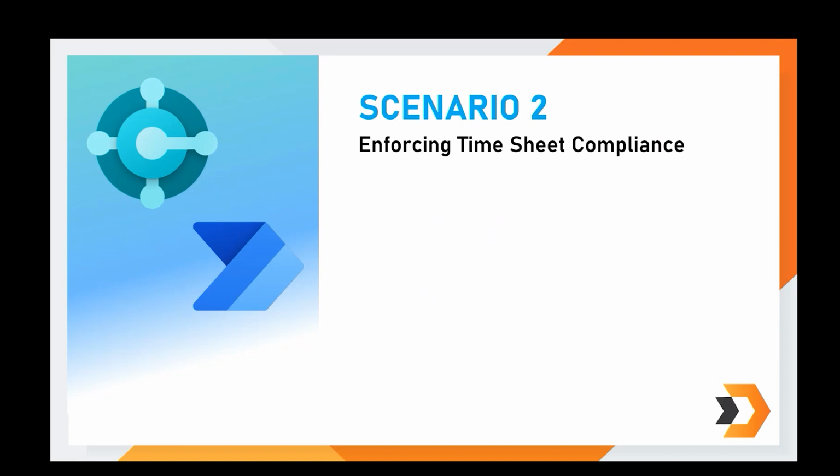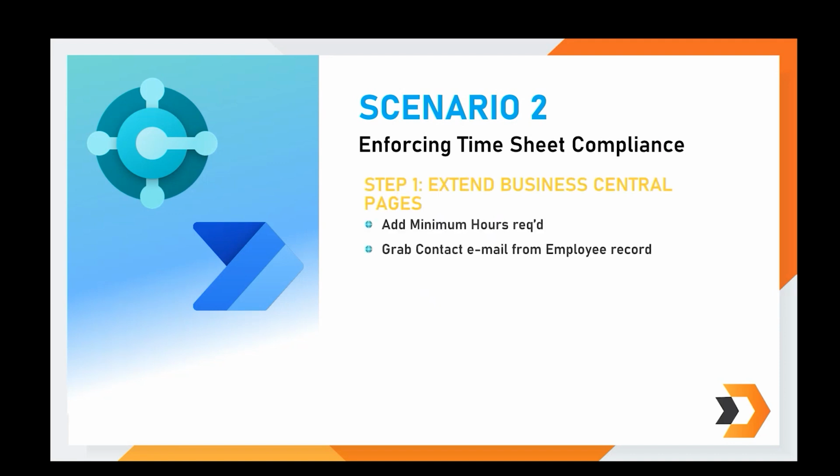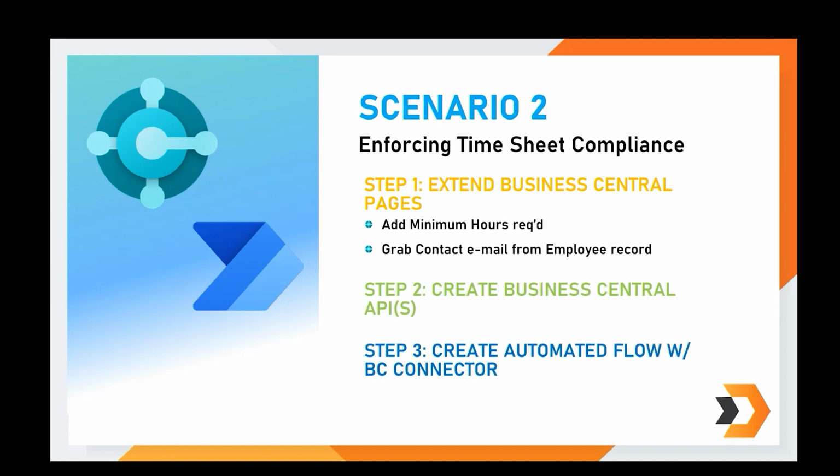So at 10 o'clock every week on Monday, it runs to make sure that everybody has their time in, the minimum hours required. And once that has been checked, anybody who does not have their time entered gets a quick email from us. What we did in this situation, we added a couple of extra fields in BC to the timesheet pages.